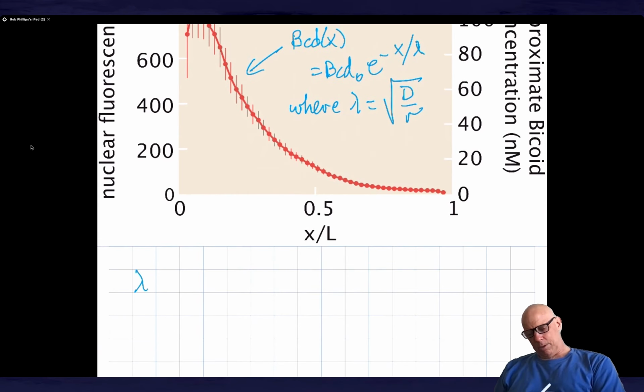So lambda is equal to square root of D tau.